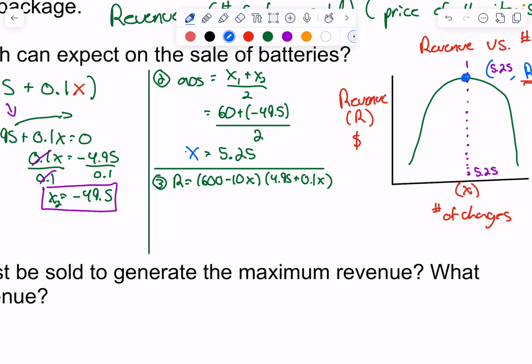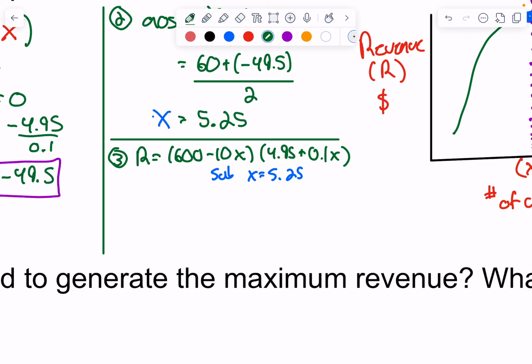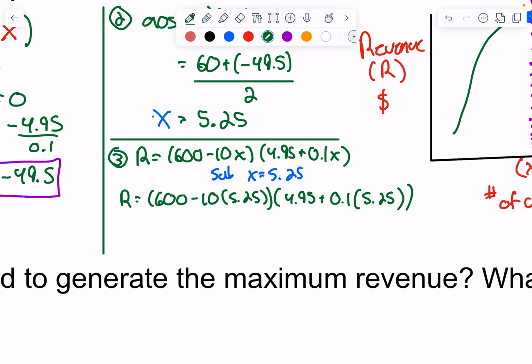So take this value and sub it in. Sub in x equals 5.25. So you get revenue equals 600 minus 10 times 5.25, close that bracket, times 4.95 plus 0.1 times 5.25, close that bracket.